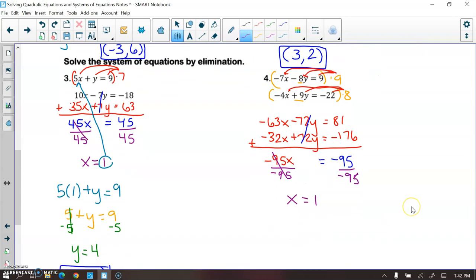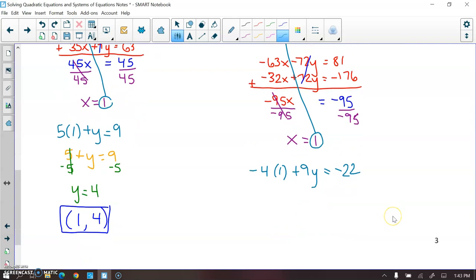Now I'm going to take that x value of 1 and put it into one of my original equations. It does not matter which one. I'm going to do the bottom one this time. So I have negative 4 times 1 plus 9y is equal to negative 22. Now I'm going to solve for y. Negative 4 times 1 is negative 4.